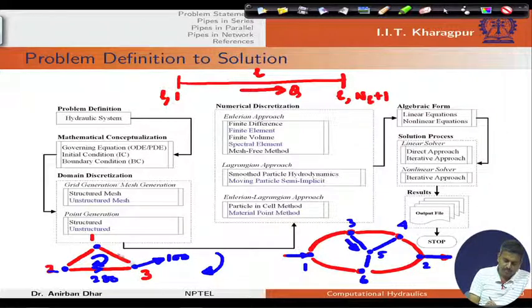So, the movement on this side it should be 100, because inflow and outflow, this mass conservation should be there in the network.